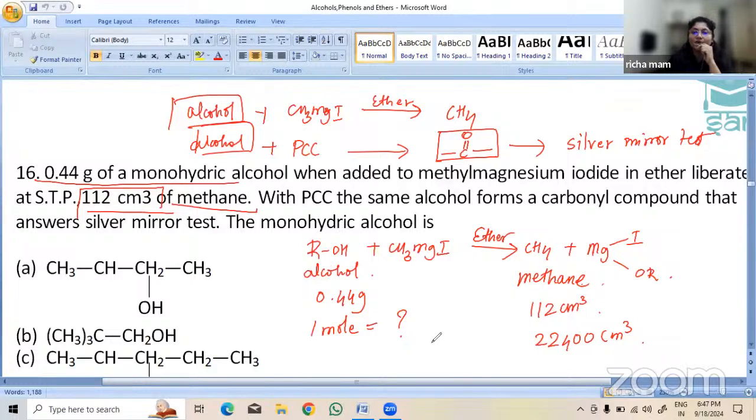So how are you going to find the mass? Just do cross multiplication. It will be 0.44 into 22,400 divided by 112. Do it.